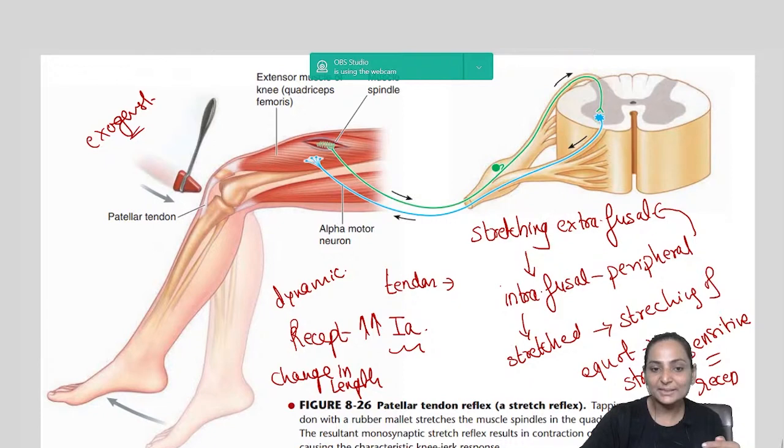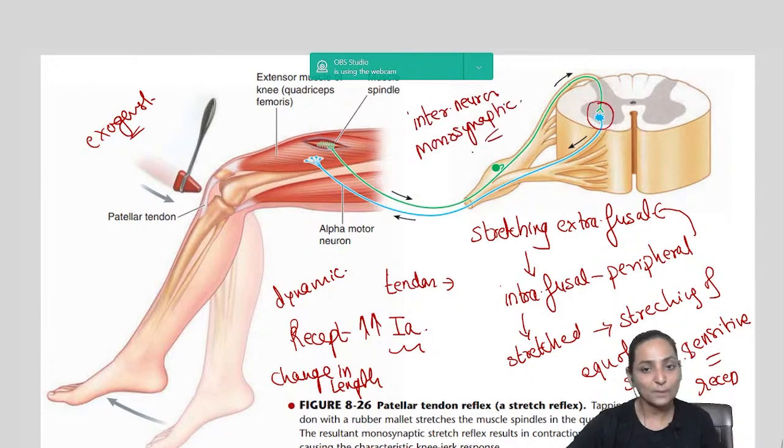This afferent via 1A will pass through the dorsal root ganglion and on to the alpha motor neurons, because there is no involvement of any interneuron, right? This is purely a monosynaptic reflex.